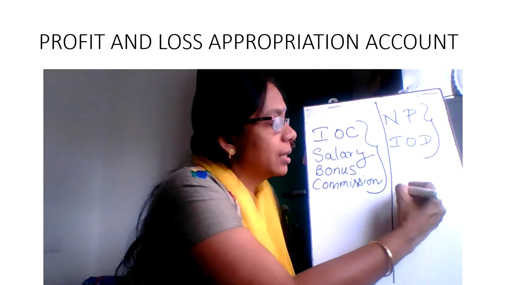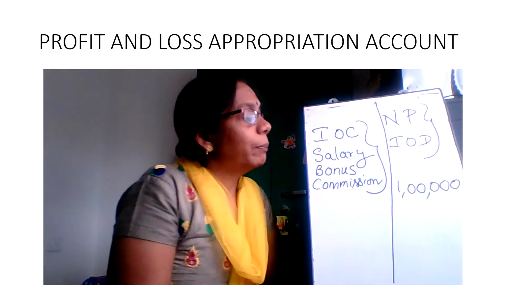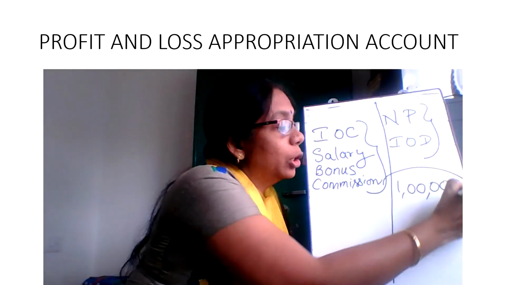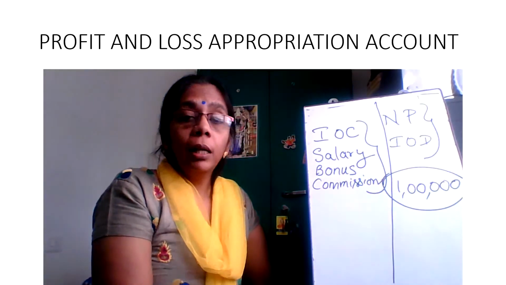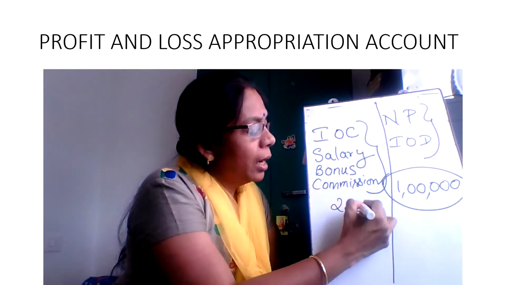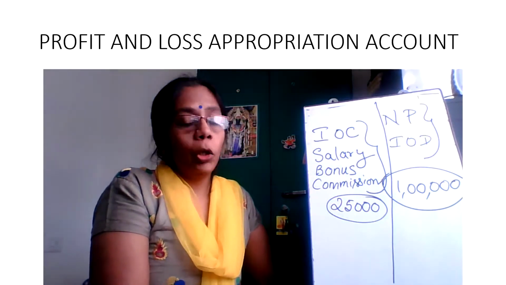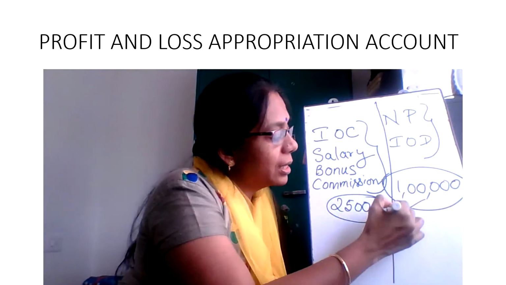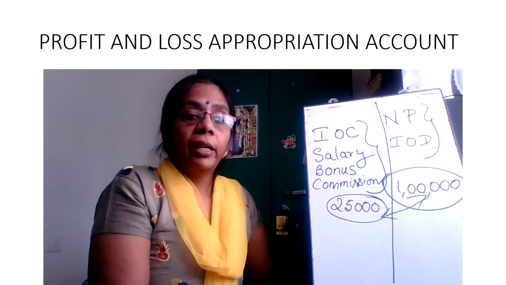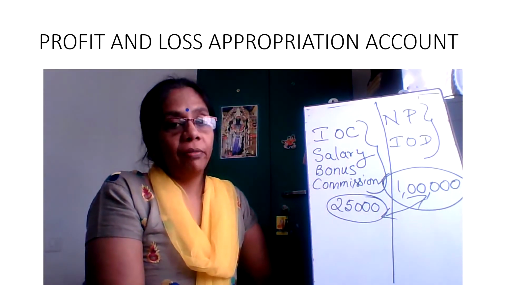Let us take a simple example. Let us imagine that 1 lakh happens to be our credit total. I am talking about total credit total. And let us assume that 25,000 is going to be on the debit side total. So here first step is to find out the difference between these two. 1 lakh minus 25,000.